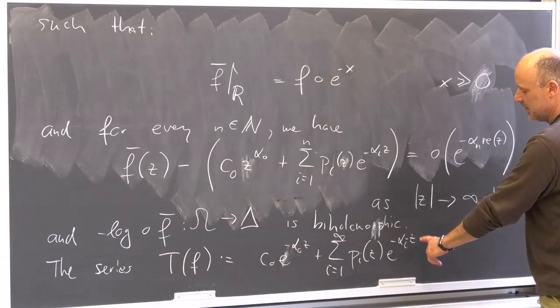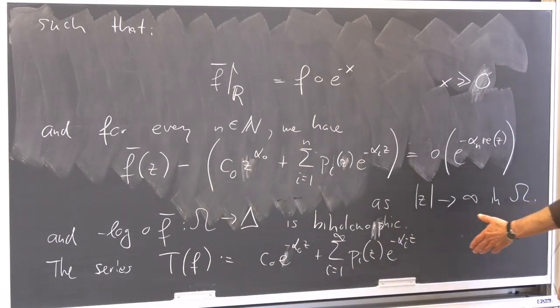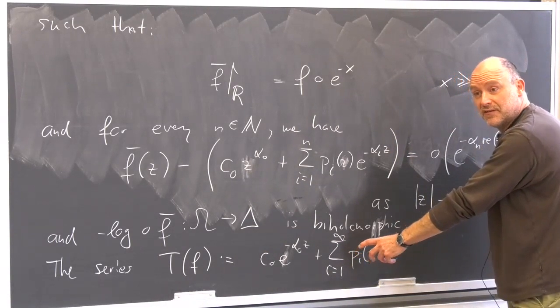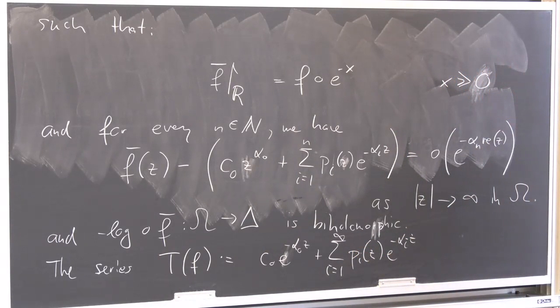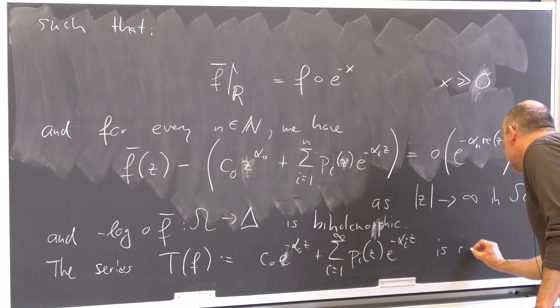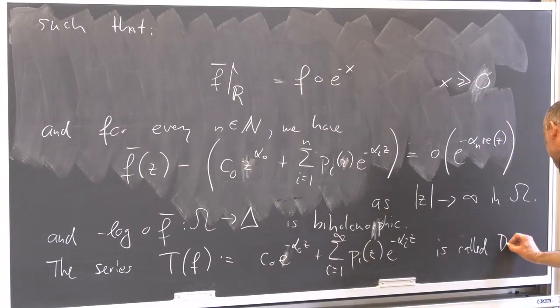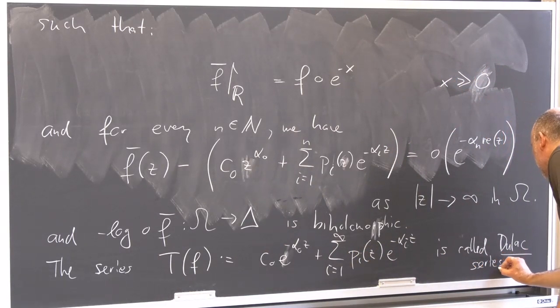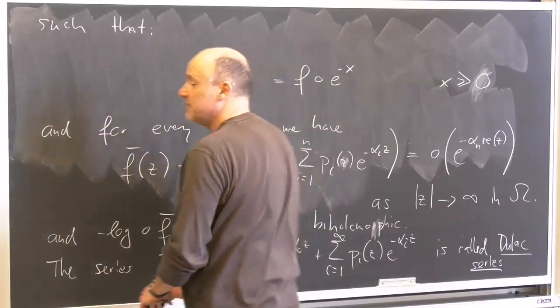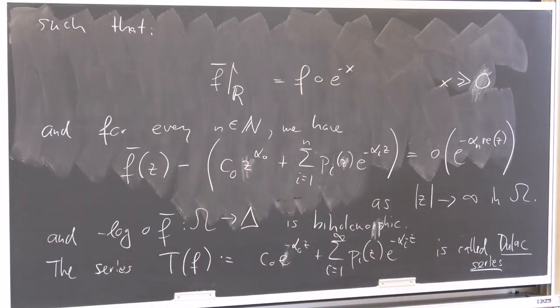So a series in powers of e to the minus z whose coefficients are polynomials in z. That's a transseries, a very simple one. This is called a Dulac series, because the first one to actually find this asymptotic expansion for this correspondence map was Dulac.